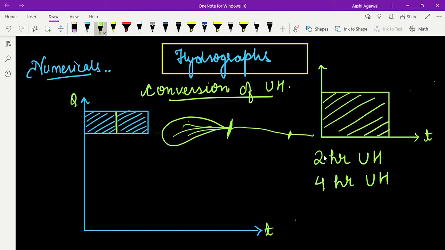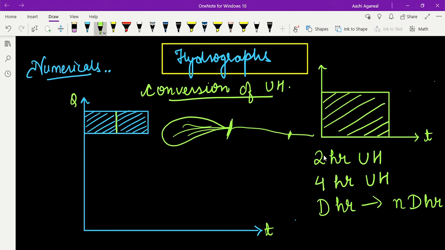Now, in this particular segment, we are going to look at only the conversion when we have a hydrograph of D hour and we want to generate a hydrograph which is an integral multiple of this number. So what I mean to say is there are different ways.